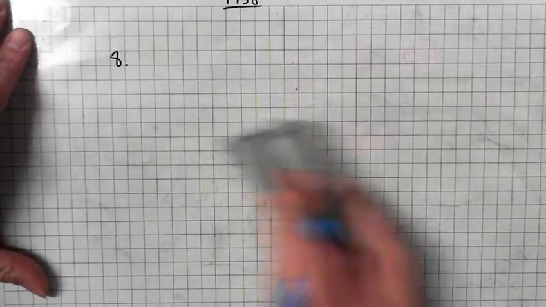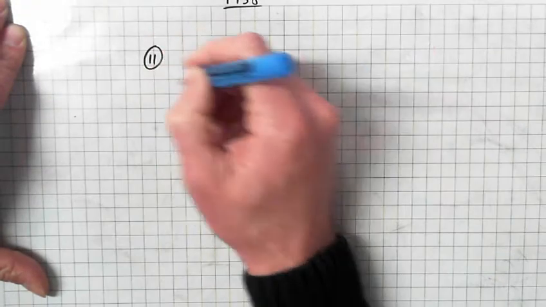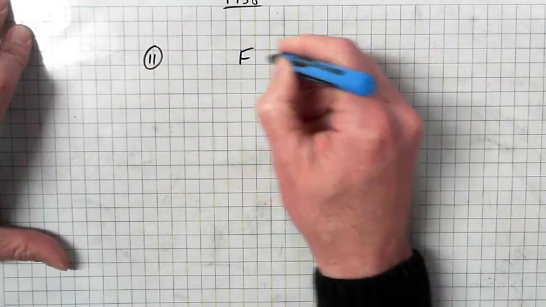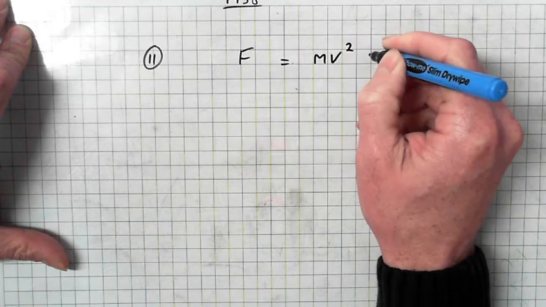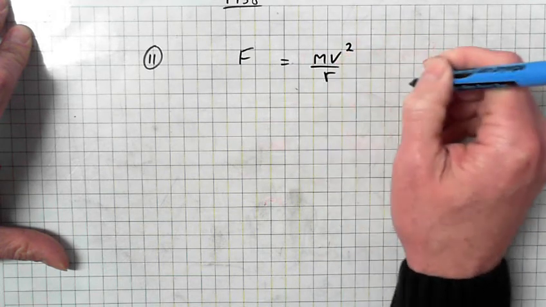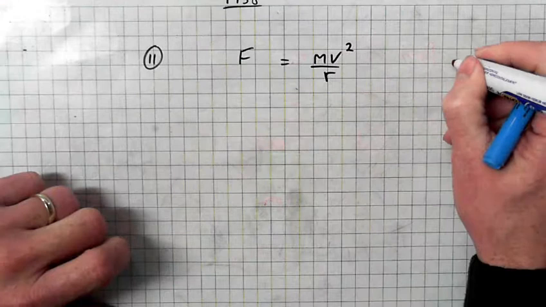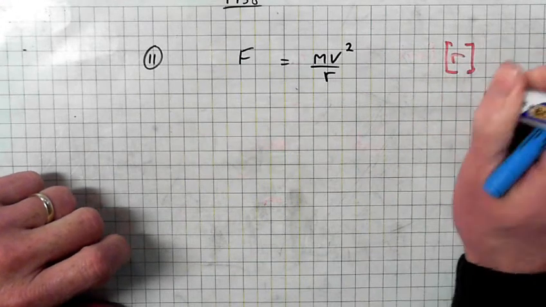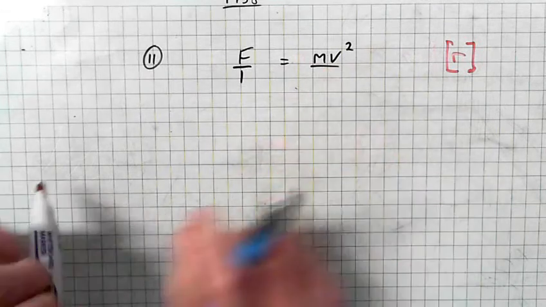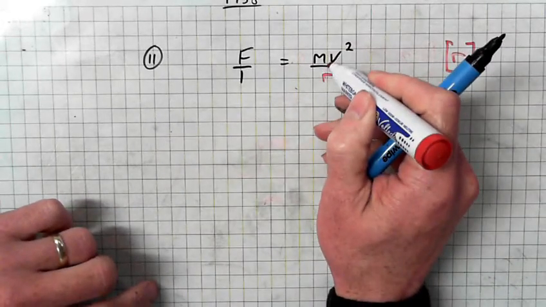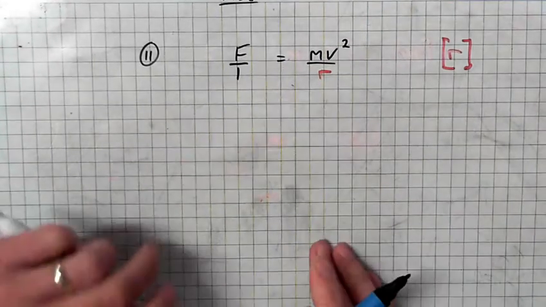Right, another sum like that, so that was question 8, is 11, let's say. So f is equal to mv squared over r, and this time you have to make r the subject. Exactly the same steps. You write f as f over 1, because the right hand side is written as a fraction, write the left hand side as a fraction.